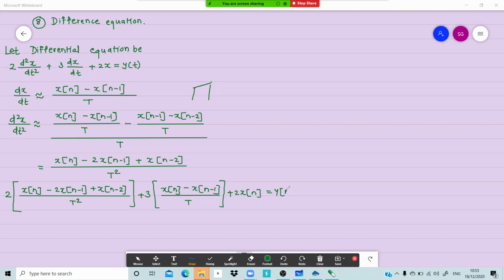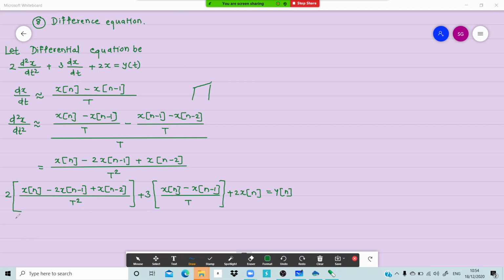Now on this side also you may have some differential equation. Just to keep the thing simpler, I have written only y of t on this side. You may have second order, third order differential equation on this side.